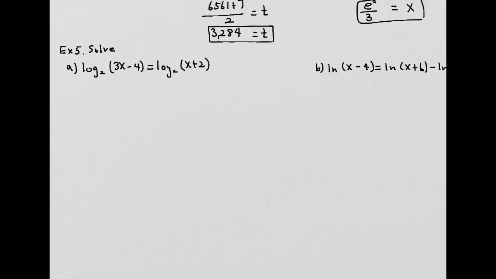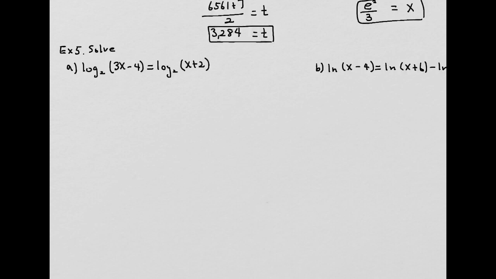Now we're going to look at example 5. What if you have more than one logarithm? You have a logarithm on one side and a logarithm on the other side. There are two different ways of doing this. I'm going to show you both ways, and you can pick whichever method you want to use.